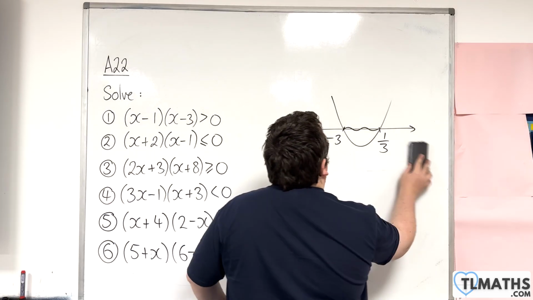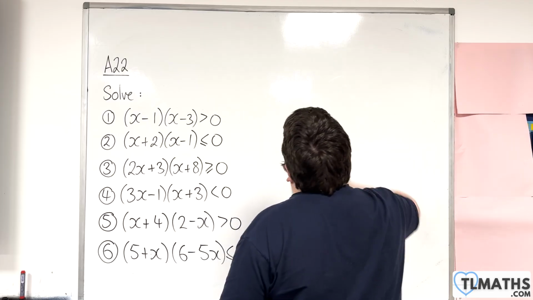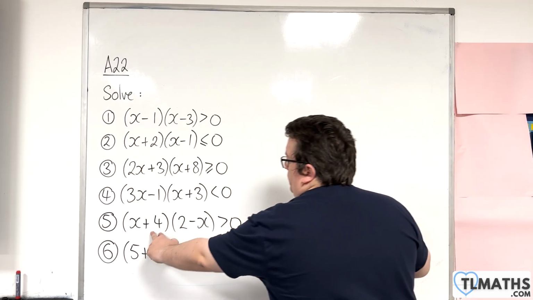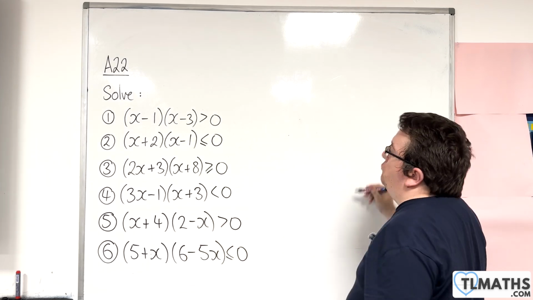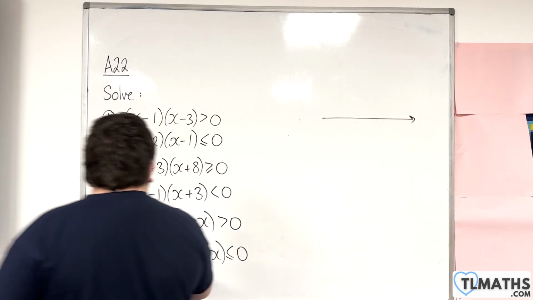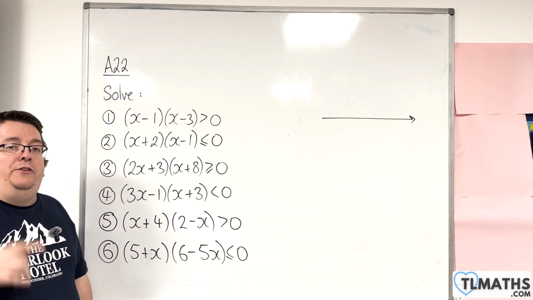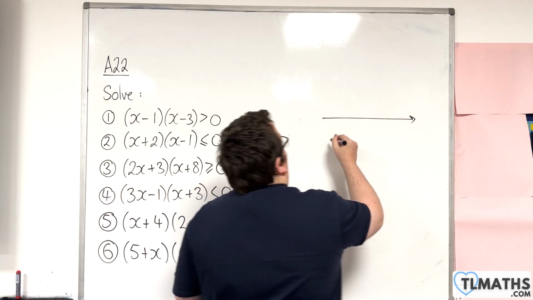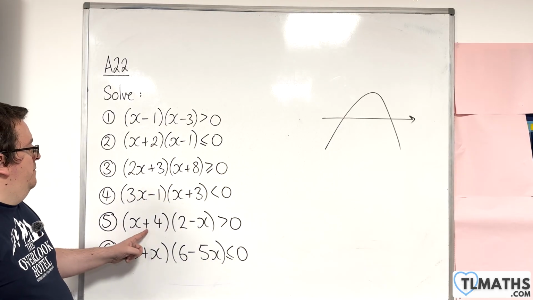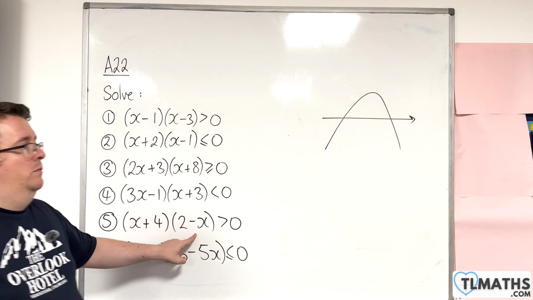Right, number 5. x plus 4 times 2 minus x is greater than 0. So when I multiply out these brackets, I would get a minus x squared. So that's a sad face parabola. So it's this shape. It's going through minus 4 and 2.